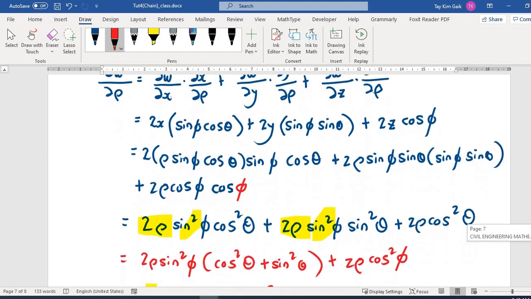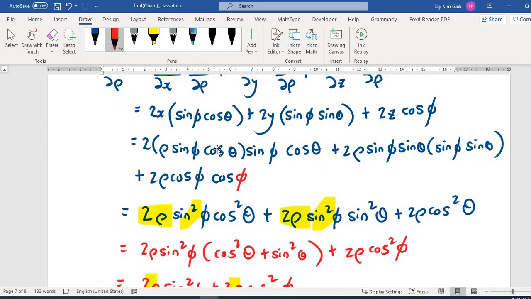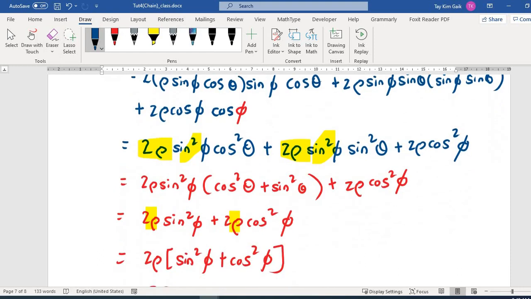Expand: the first term gives sin squared phi cos squared theta, the second term sin squared phi sin squared theta, the third term cos squared phi.